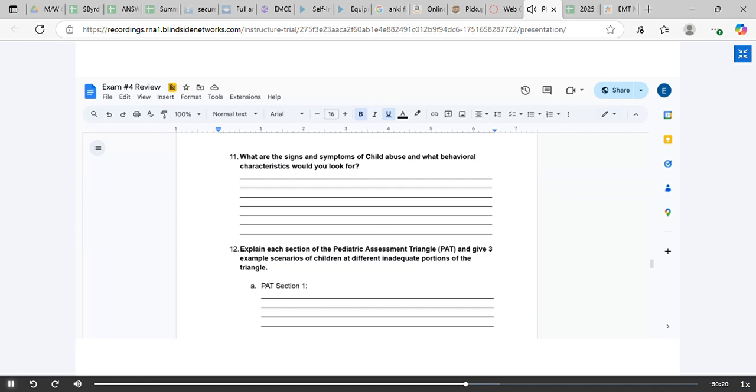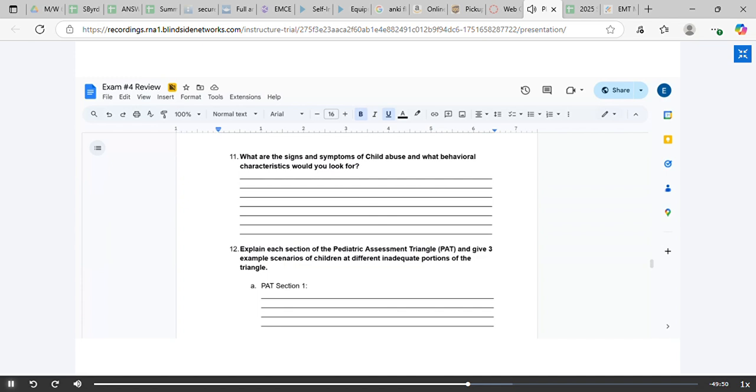But sometimes the injury patterns can be kind of peculiar, and sometimes the story from the parents, or guardian, or caregiver, doesn't make sense, or it doesn't really match the injury pattern, right? So we talk about bilateral fractures.